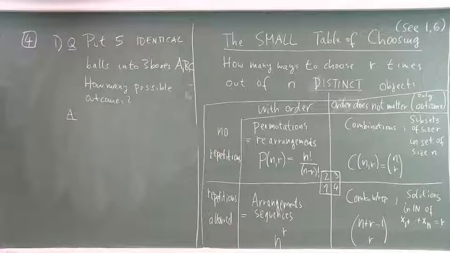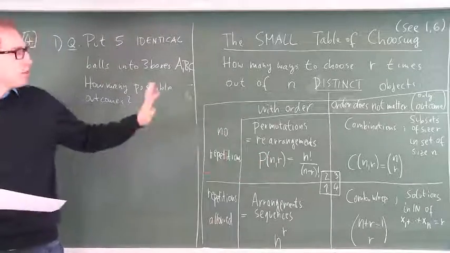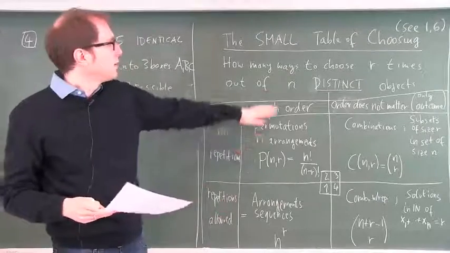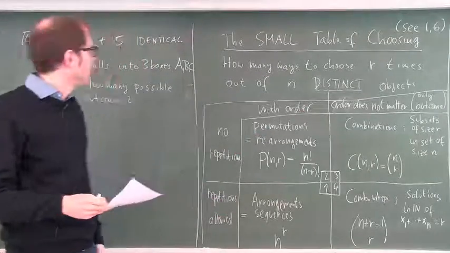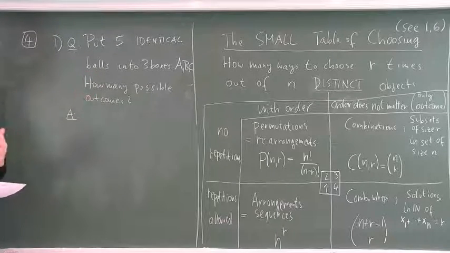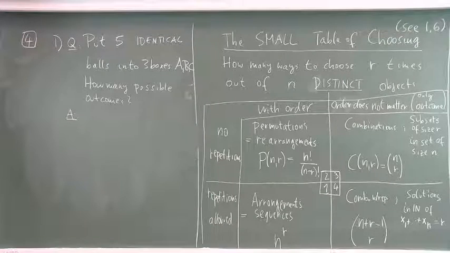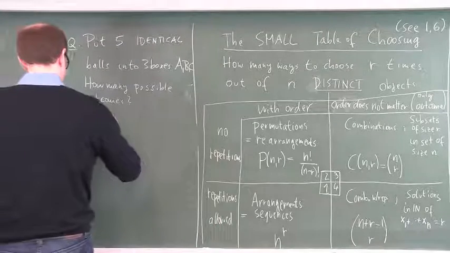So one thing here is that you might be a little bit confused. Why? Because in this table, I stressed quite strongly that these should all be distinct objects. Now suddenly, we hear about identical balls, so balls which you cannot distinguish. So how does this fit into this kind of setting? Well, what I claim is the following.